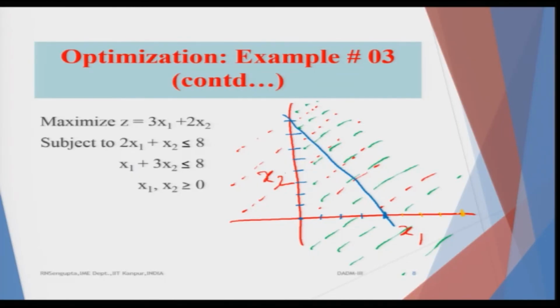We will consider 8 by 3 to be about 2.67, so it will be somewhere here. Again, the portion below is applicable. Technically, I will use the yellow highlighter to show the overall space, which comes out to be this.